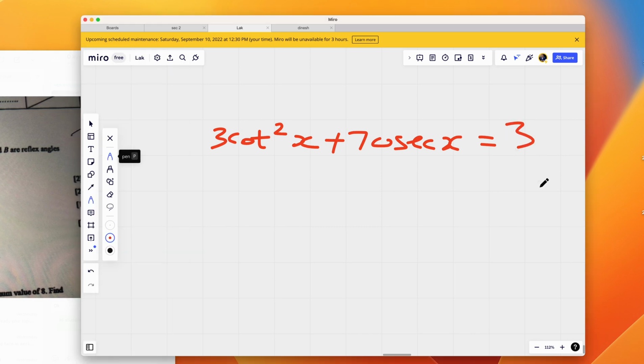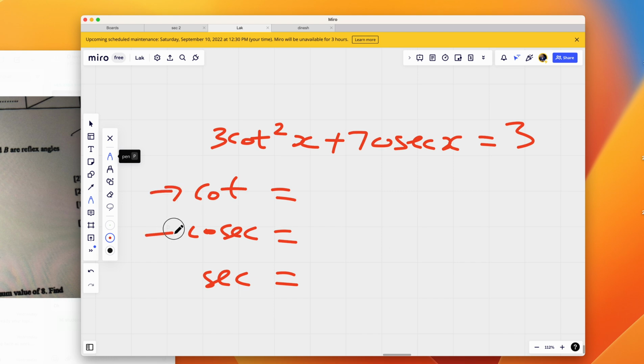So this question, you need to know cotangent, cosecant, and secant. You know primary colors and secondary colors. Secondary colors come from primary colors. So this one is also like secondary.